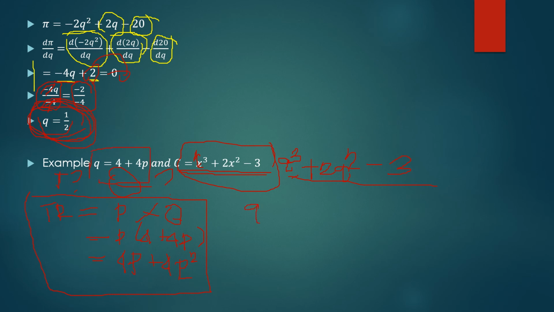So, that Q is equivalent to 4 plus 4P. Make it a P function. So, that means Q, transposing 4 to the other side, it becomes negative 4 here, leaving 4P on the other side. Okay? So, divided by 4, because we are making it a P function.